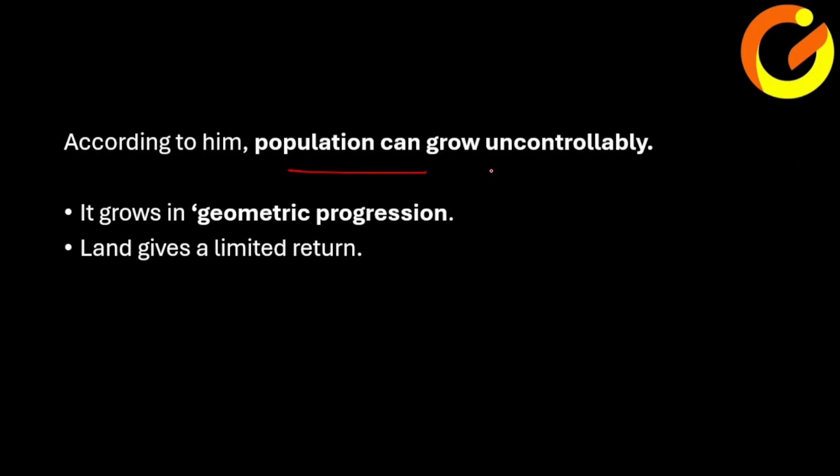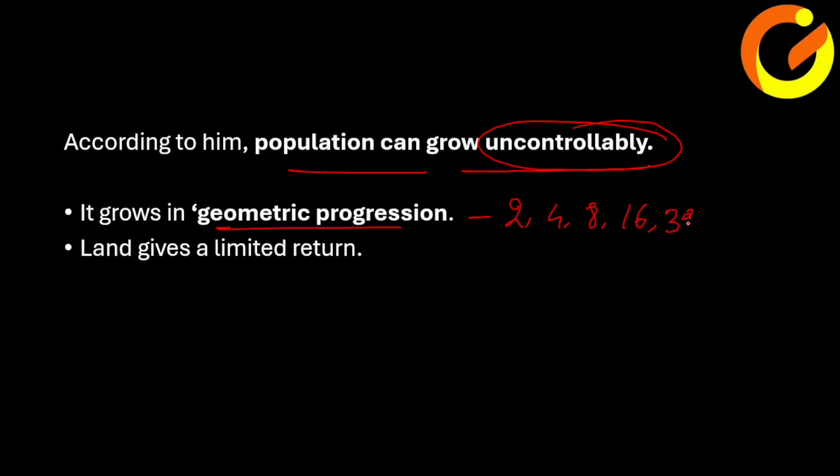According to him, population can grow uncontrollably. He says population grows in a geometric progression. What do you understand by geometric progression? 2 to 4, 4 to 8, 8 to 16, 16 to 32, 32 to 64, it increases tremendously like this.